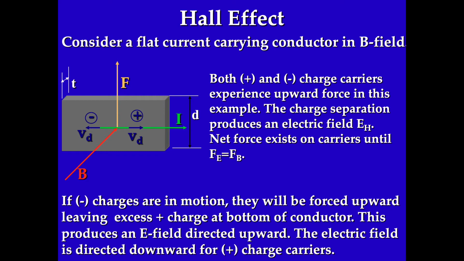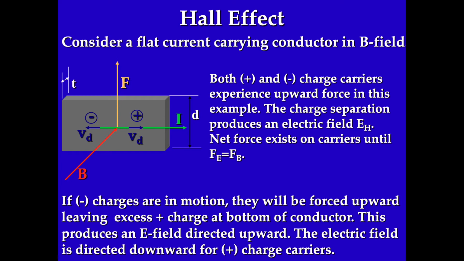If you use the right-hand rule, I cross B, you'll find that there's a force that's upward. And that force is going to be upward whether you're dealing with positive charge carriers or negative charge carriers.